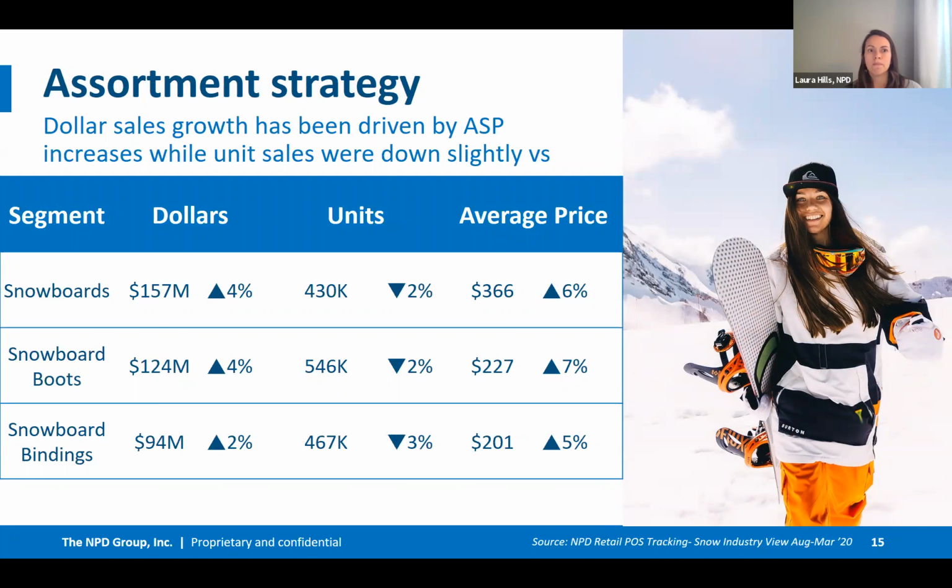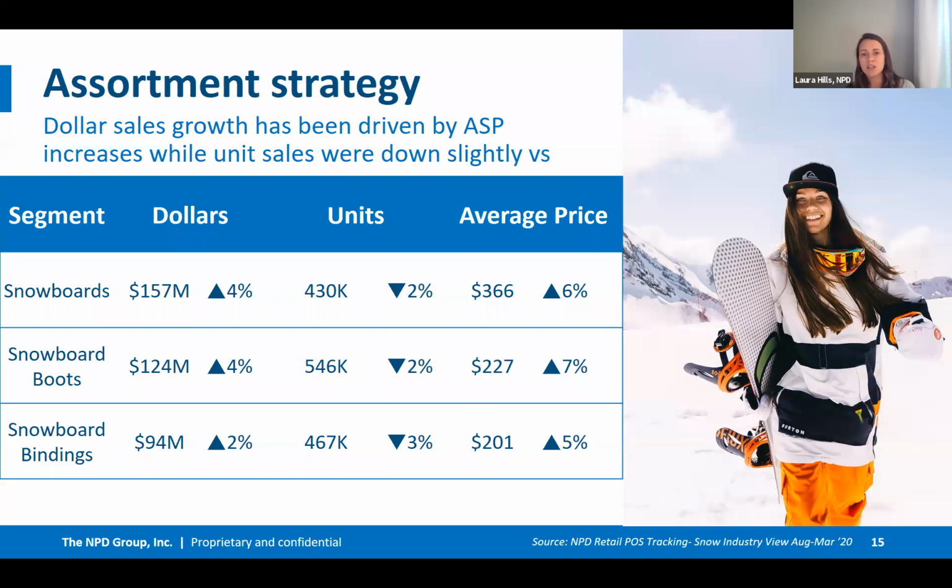Okay, so after channel and moving down a little bit more deeply, the dollar sales growth from snowboard equipment that we saw for the total season, so no longer looking at just March, but for the total season performance, was driven by a rise in average selling price, or what we say, ASP, across each of the major segments within snowboard equipment.